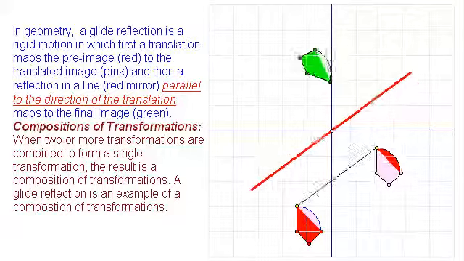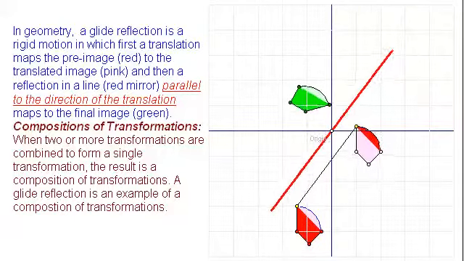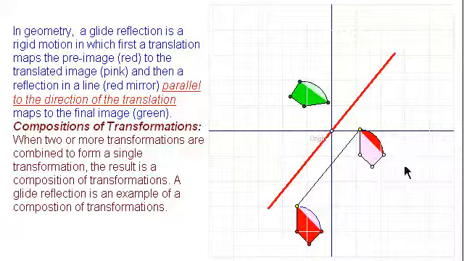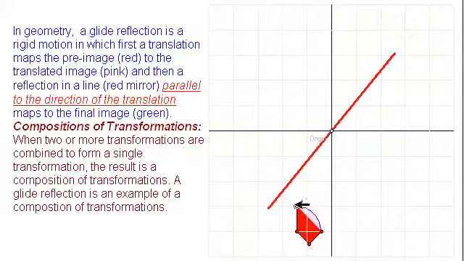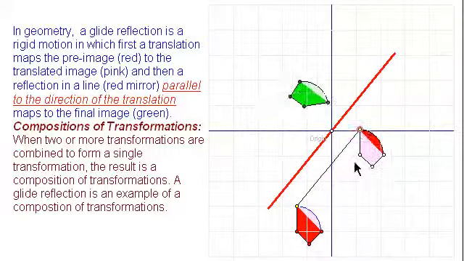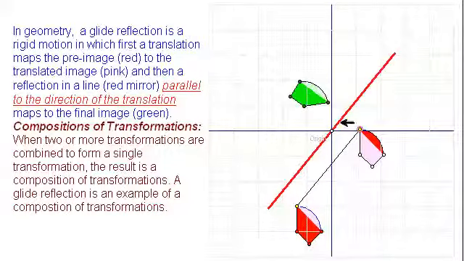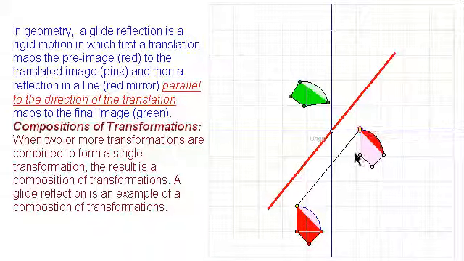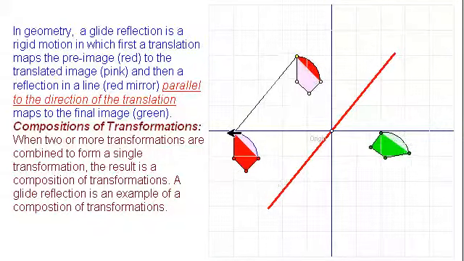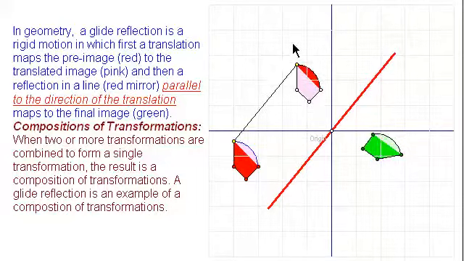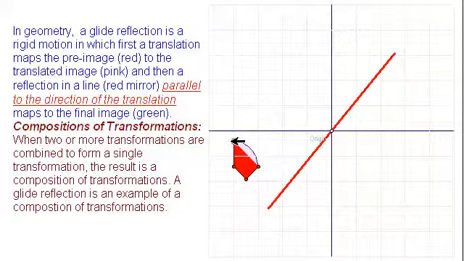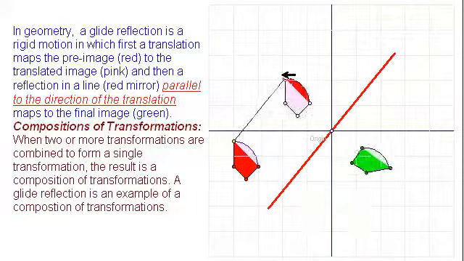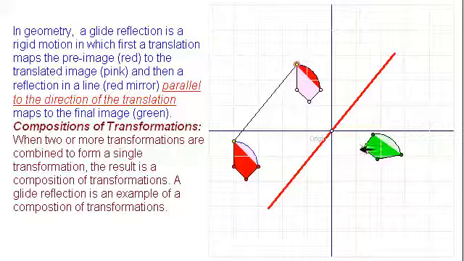Watch, I'm going to move the line of reflection. So obviously the direction of reflection is being changed, but you can see in any way the line of reflection is parallel to the line of translation. So this is the glide reflection. If I move it the other way, it is the same thing. You can see, first create a translation, then reflection.